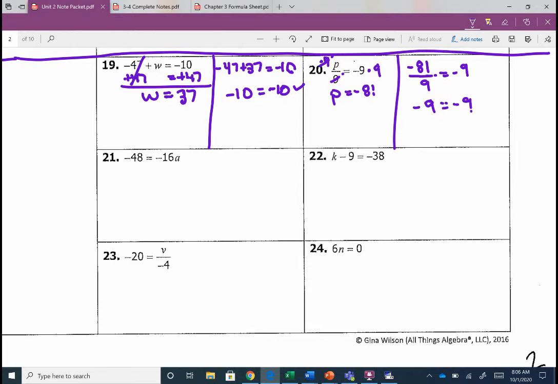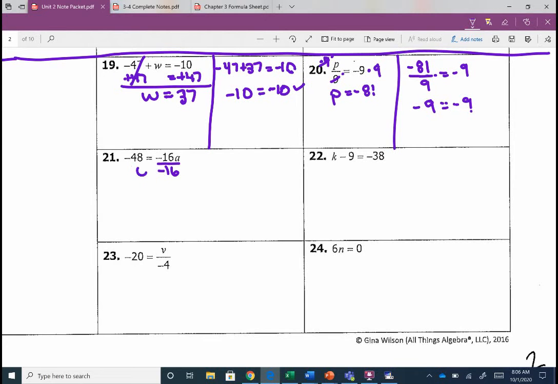All right, number 21. We've talked about this a lot the last few classes. When the negative 16 is right next to the a, that means we're multiplying. I saw a few people yesterday that in number 21, we tried to add the 16. It means negative 16 times a. So to undo multiplying, we need to divide.